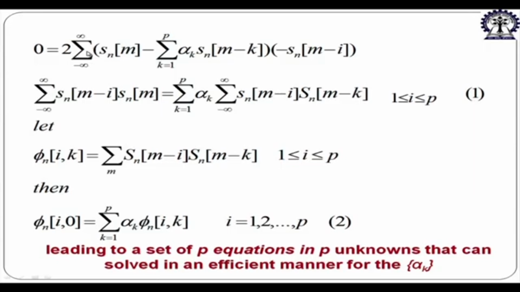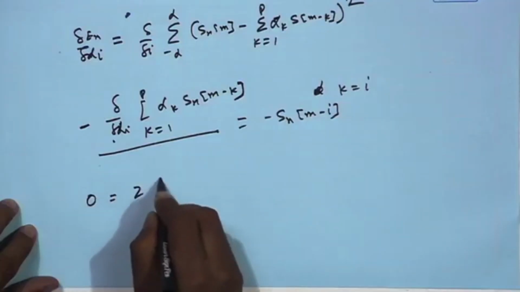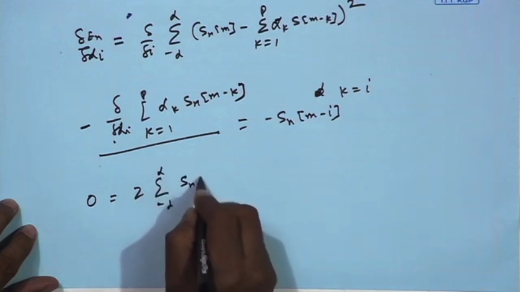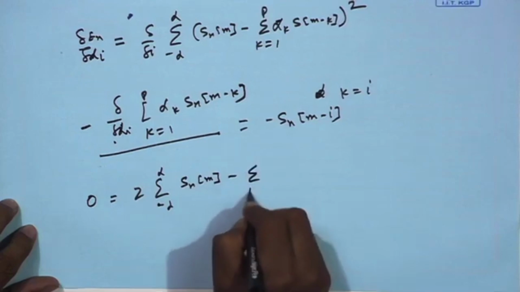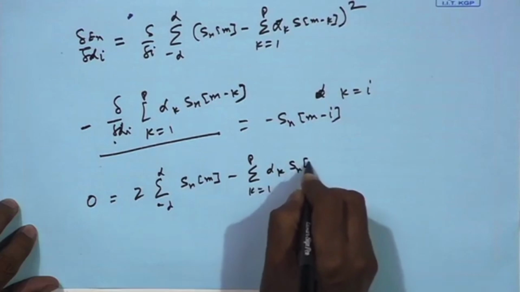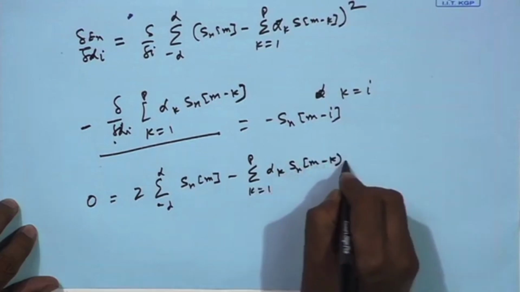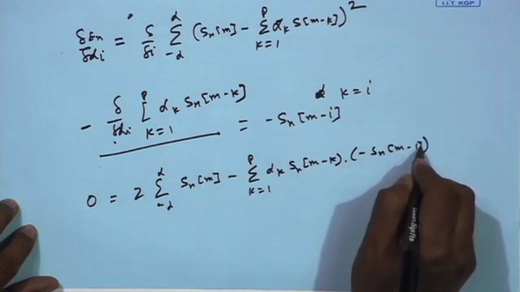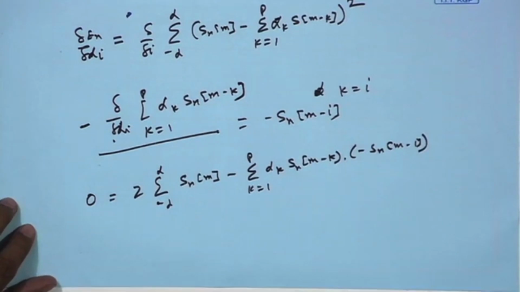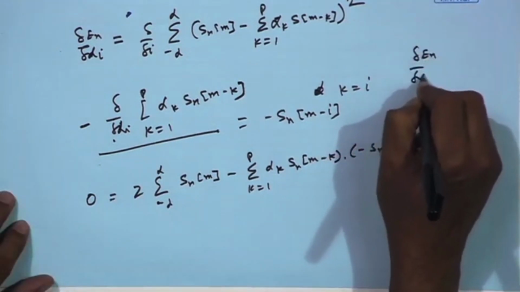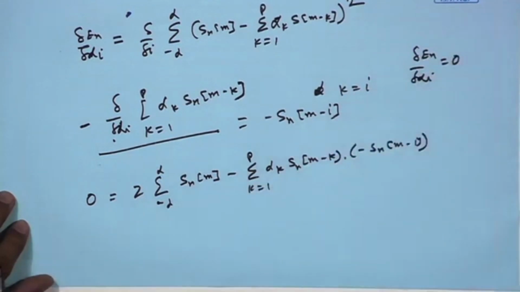So, I can put 0 is equal to 2 times the sum over m from minus infinity to infinity of s n m minus the sum over k equal to 1 to p of alpha k s of n m minus k, into minus s n m minus I. Because del E n by del alpha I is equal to 0, I put that value equal to 0.